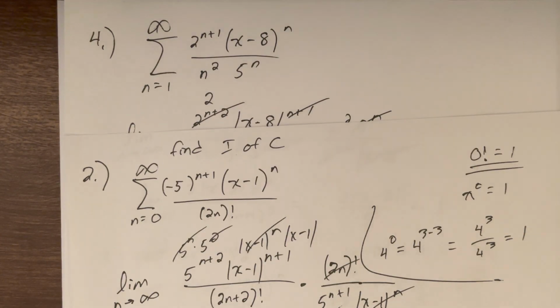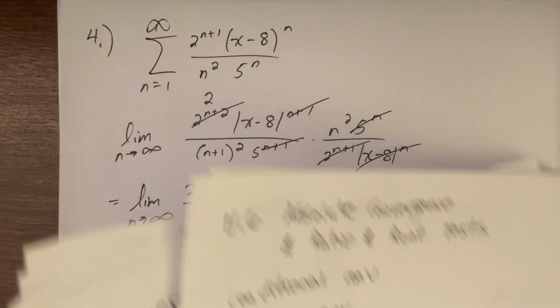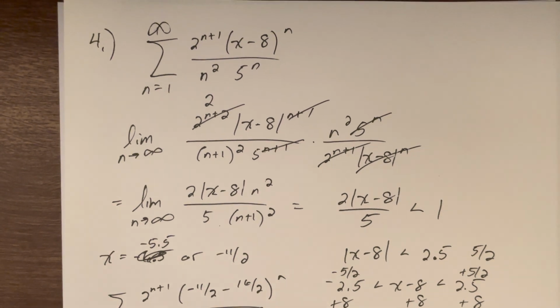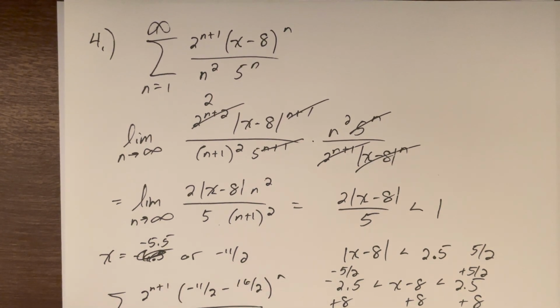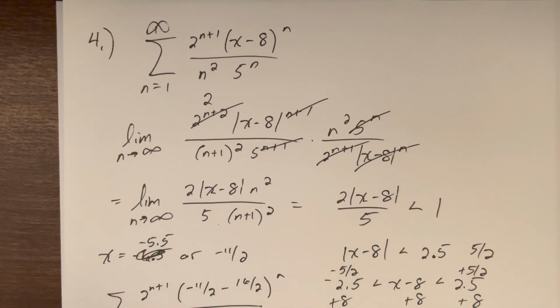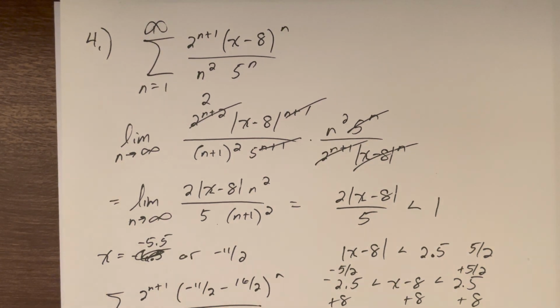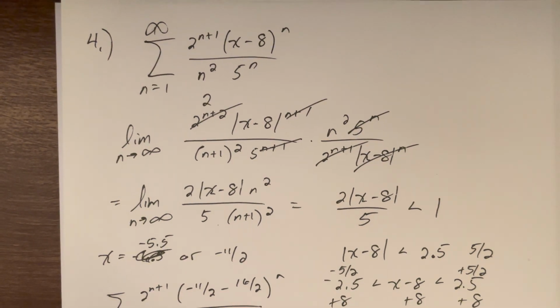If you did a good job setting everything up, using your ratio or root test correctly, these things should happen. So that here, 2 to the n times 2 divided by 2 to the n, I've got an extra 2. Negative 5 squared to the n over 5 to the n, that becomes a negative 5 squared.